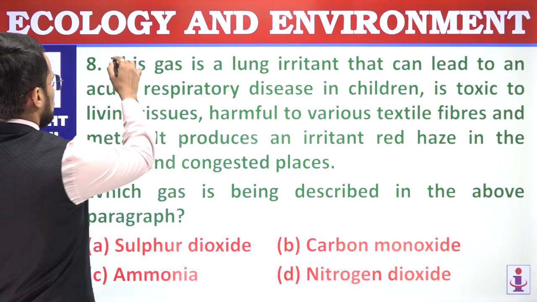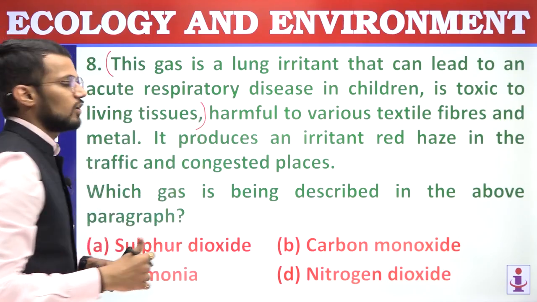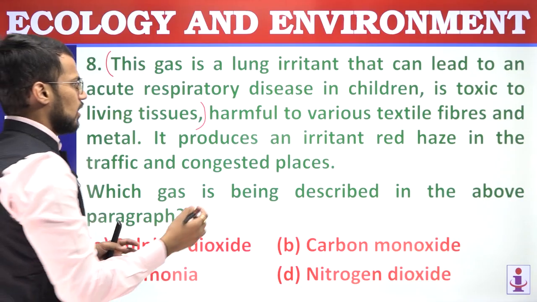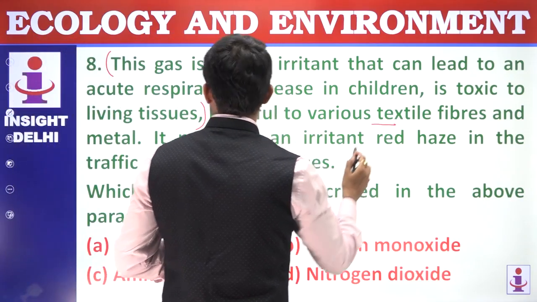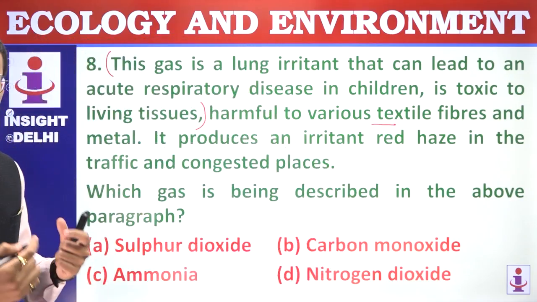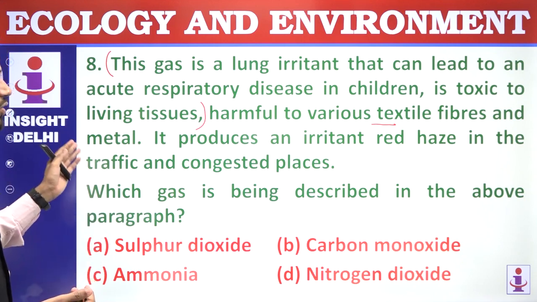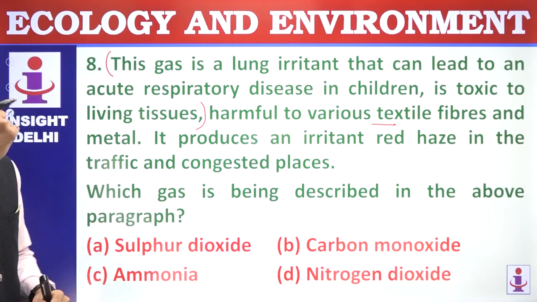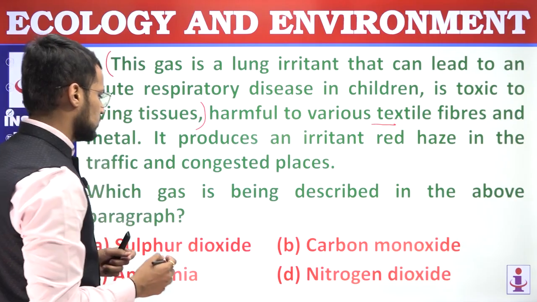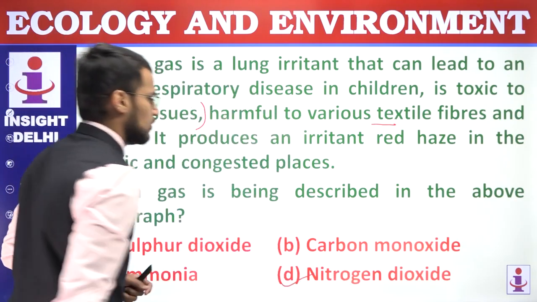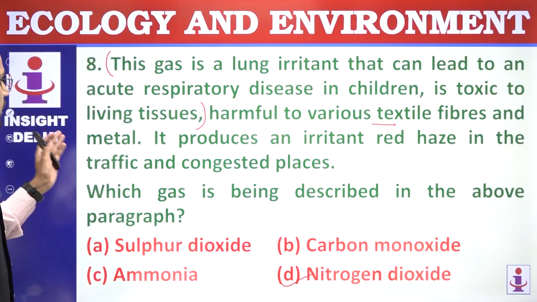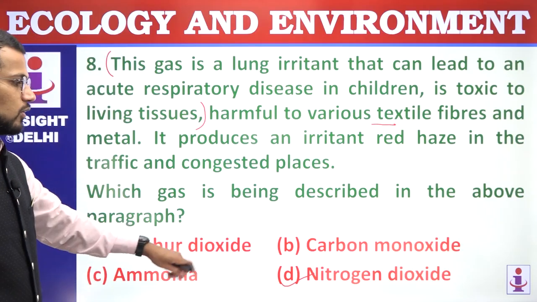Based on this much explanation, it's very difficult to identify the gas. But as it is harmful to textile fibers and metals, we can make sense of which gas they are talking about. So it is nitrogen dioxide, which is harmful to textile fibers and metals, and that's why the answer should be D, nitrogen dioxide.